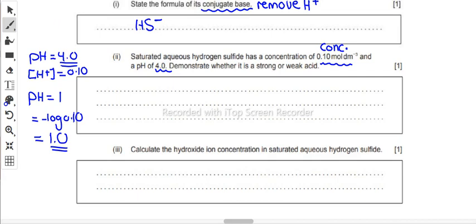So this is an indication that the acid, which is the hydrogen sulfide, is actually a weak acid. So what can we write? The answer is definitely it's a weak acid.